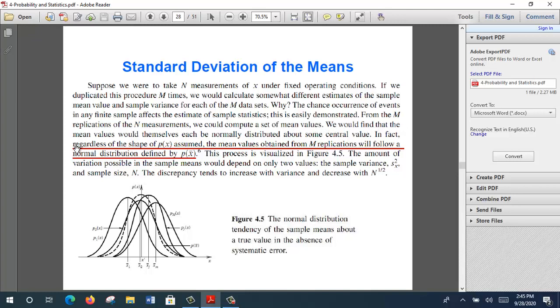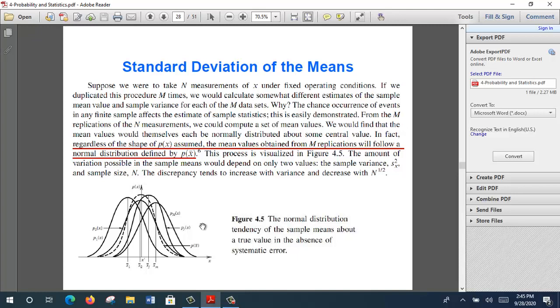We will find that the mean values will themselves be normally distributed about some central value. In fact, regardless of the shape of Px, the mean values obtained from the m replications will follow a normal distribution defined by x bar.